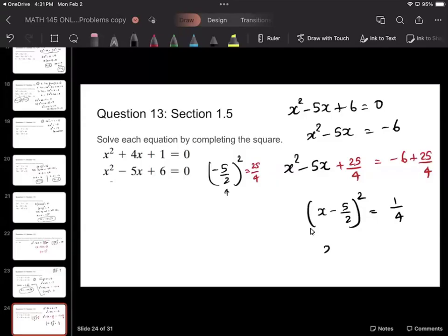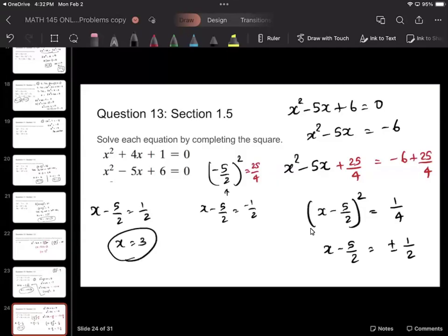So when I take square root on both sides, I get plus or minus 1/2 because square root of 4 is 2. So the two equations I set up are this and this. And so add 5 halves to one side, this becomes 3. Add 5 halves to the other side, this becomes 2. Okay.